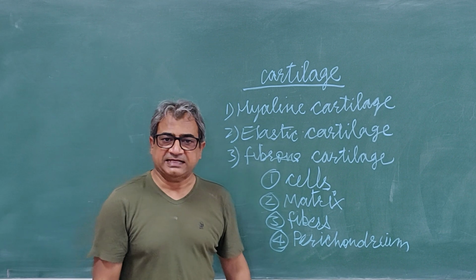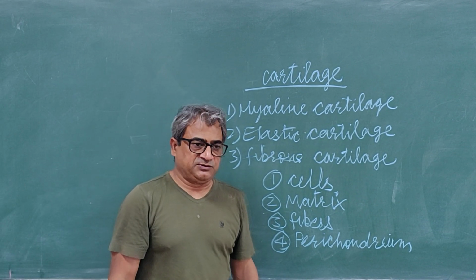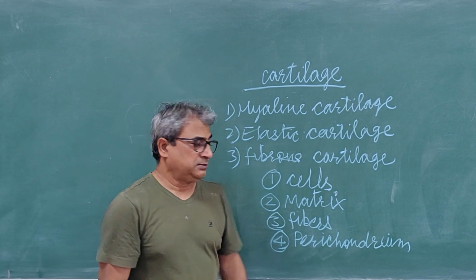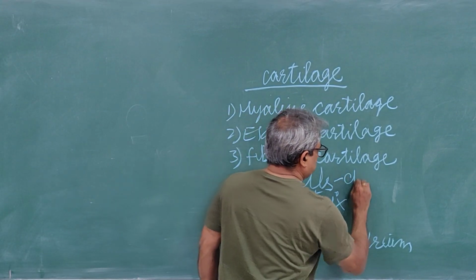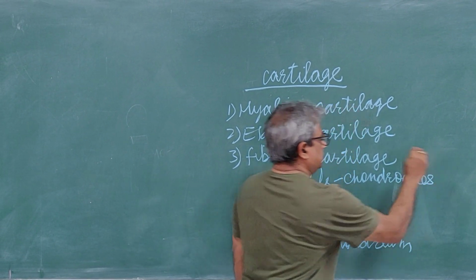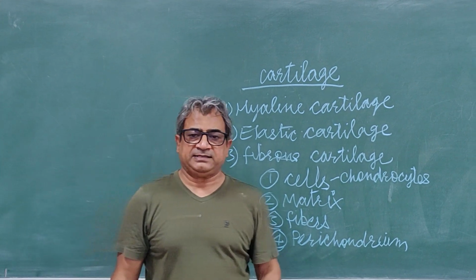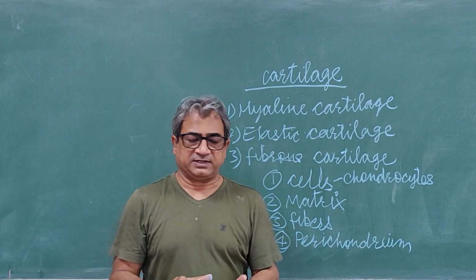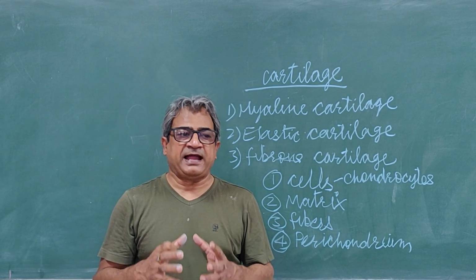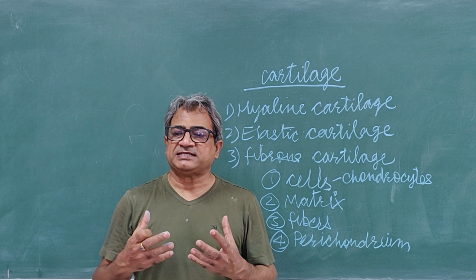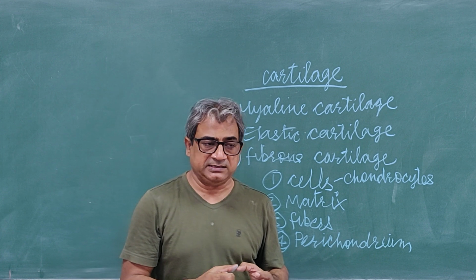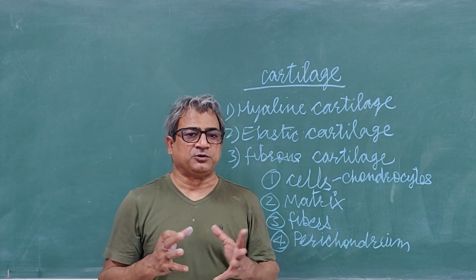First of all, cells. The primary cells in a cartilaginous tissue are chondrocytes. These chondrocytes, as they are present in the matrix, which we'll discuss later on, are active cells and continuously secreting substances which are formed inside the cells, and then they are distributed to the matrix.